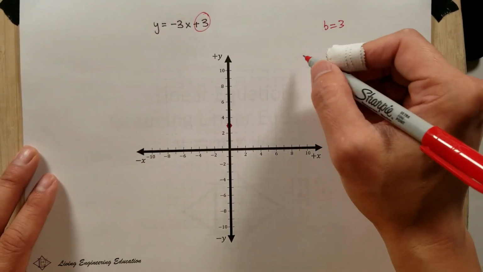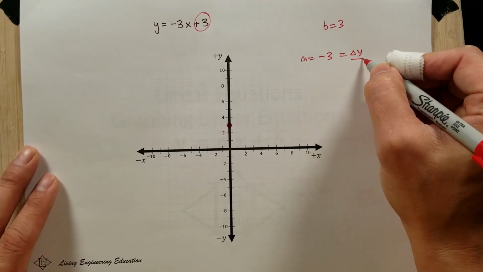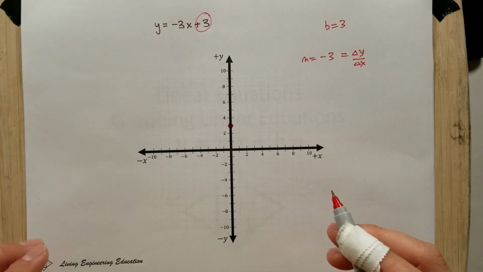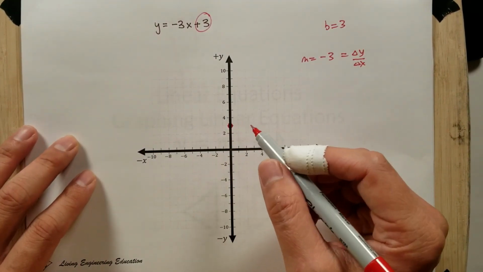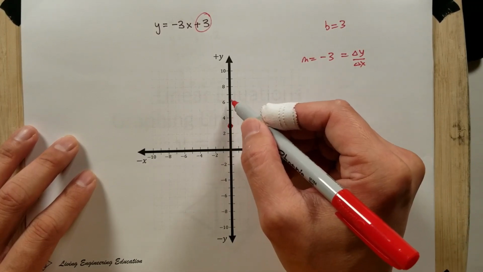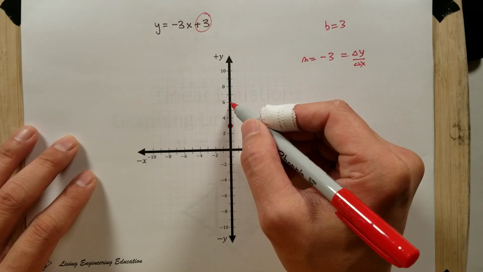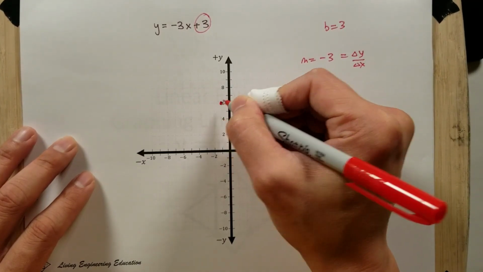And then my slope is -3. So remember, the negative sign tells me we have a downward slope. So I'll go up 3, 1, 2, 3, and then I'll go 1 to the left. So that'll be a point right there.